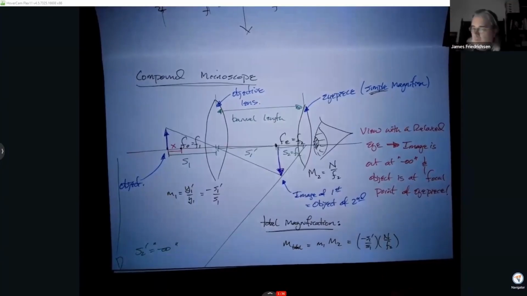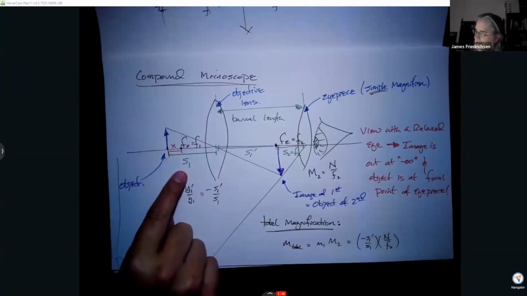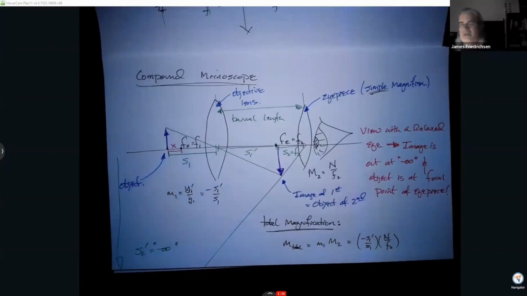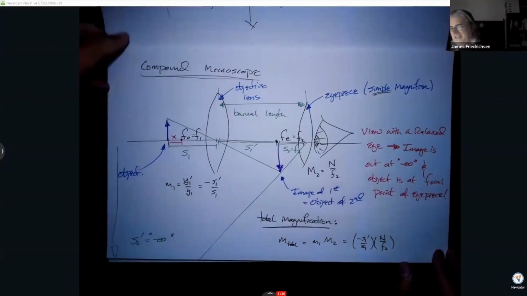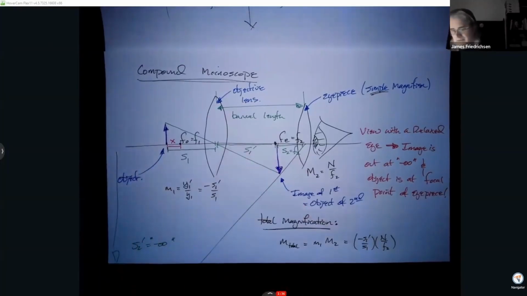And since this is usually just a little bit, very nearly S1 is nearly F1. And so sometimes they make that approximation, but I think in a lot of cases in our book, they just have you run the lens equation.